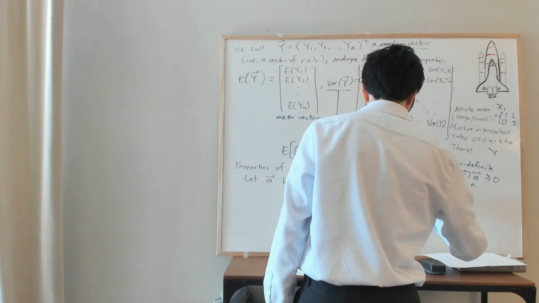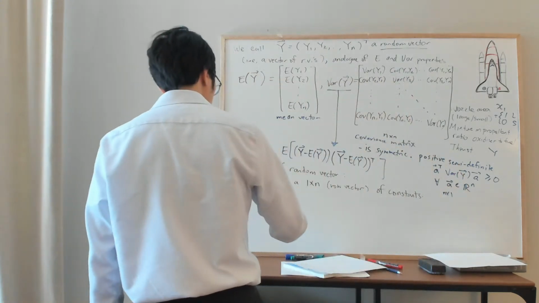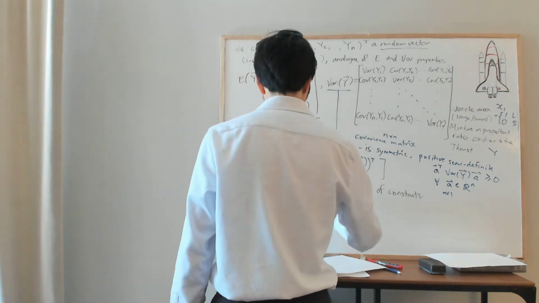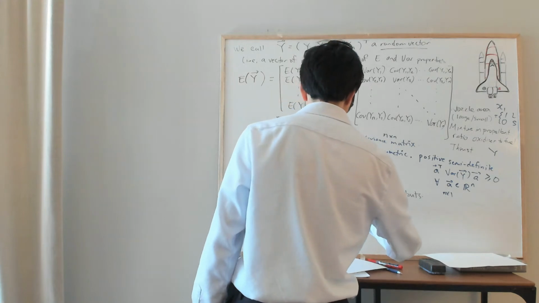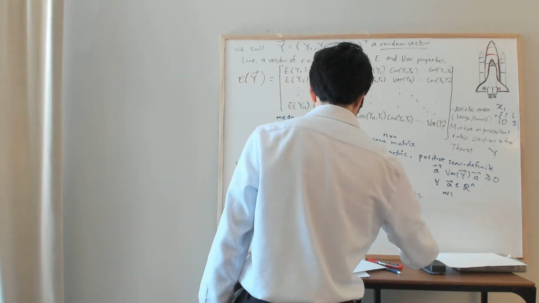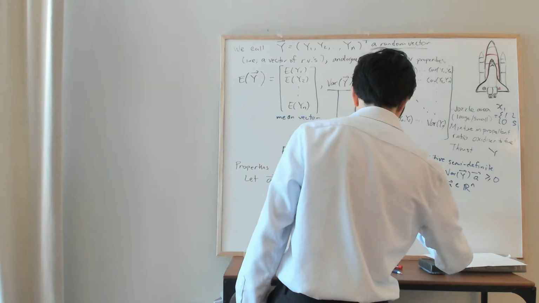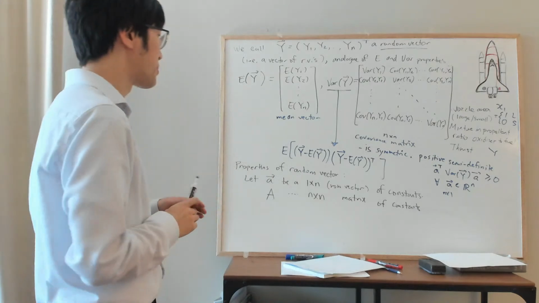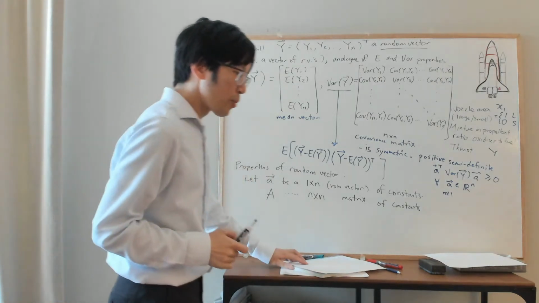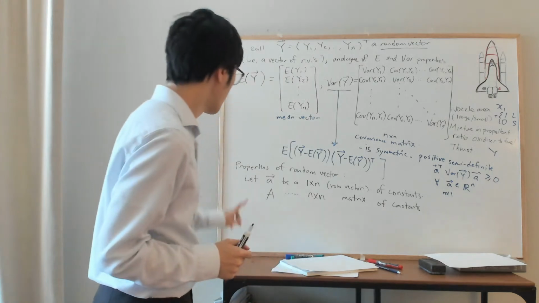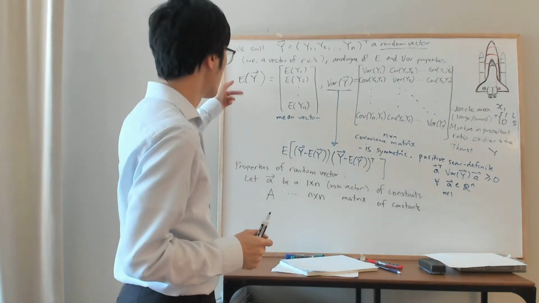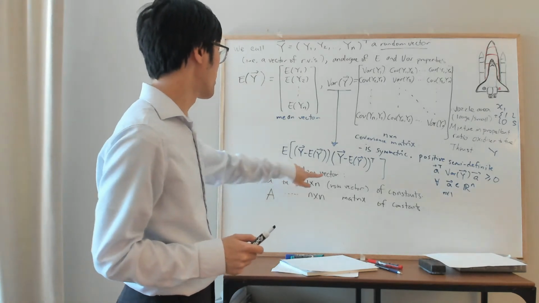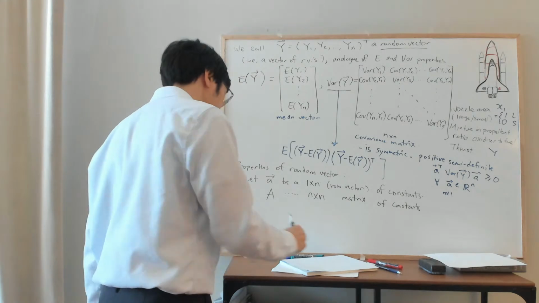And let capital A be an n by n matrix of constants. We're going to look at what happens when you take expectation and variance of a random vector multiplied by these.